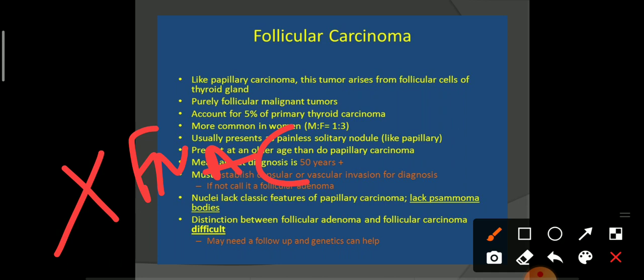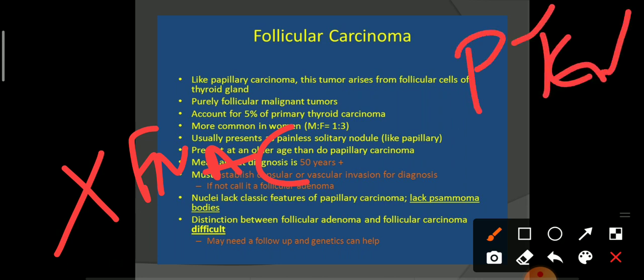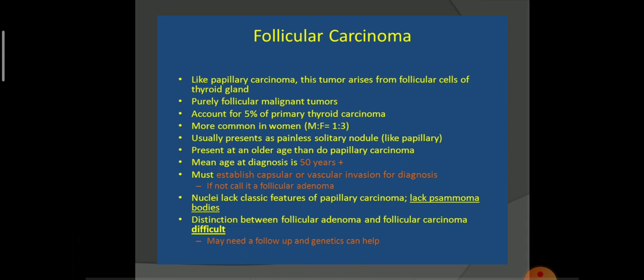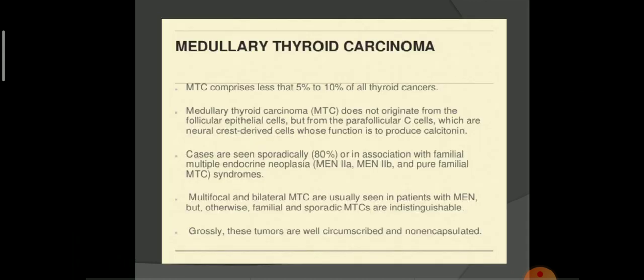Okay, the tumor size is greater than 4 centimeters and it is a high grade tumor. And the genes related to it are PTEN, P53 and RAS. FNAC is not the diagnostic feature for follicular carcinoma. Okay, and the treatment includes hemithyroidectomy and total thyroidectomy. And the prognosis for follicular carcinoma is poor.